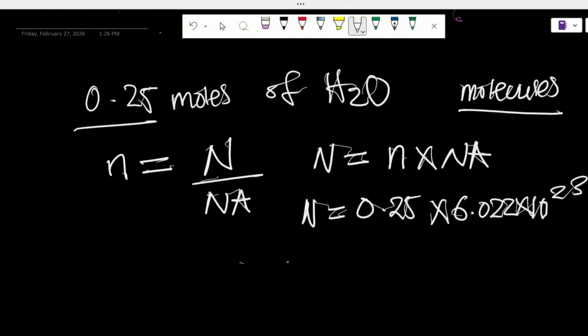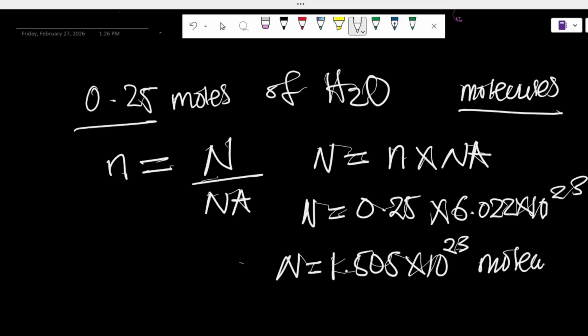So when you multiply this, you're going to have 1.505 times 10 to the power 23 molecules. So this is how you find the number of particles. And remember that 1 mole of any substance contains Avogadro's number of particles, which is this particular figure here, 6.022 times 10 to the power 23.